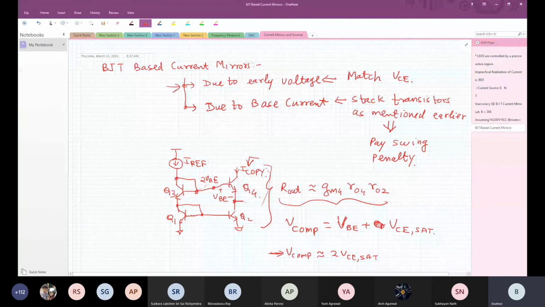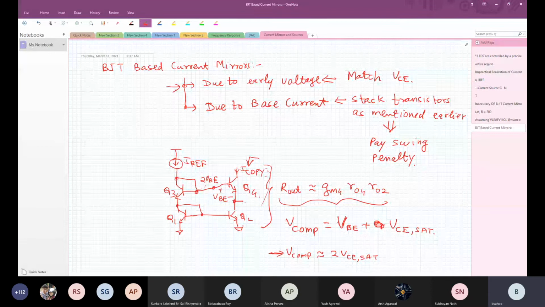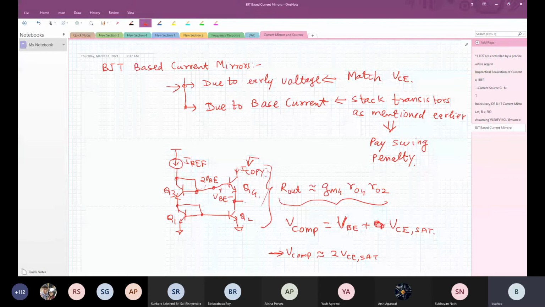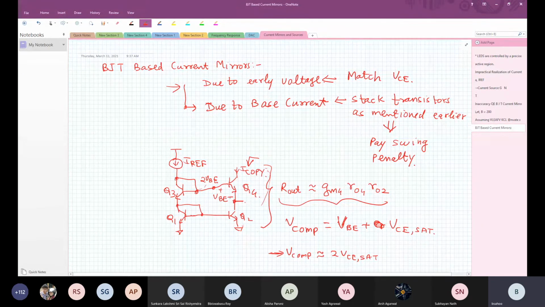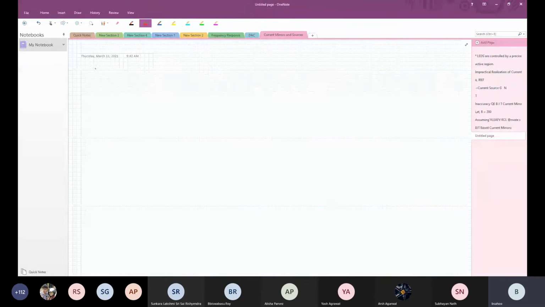That is a separate problem, so I won't be discussing this. I might give this as a homework problem, and I want to see how many of you are creative in that. So with this, I think I'll stop the BJT current mirrors. Now let's look at the MOSFET current mirrors.